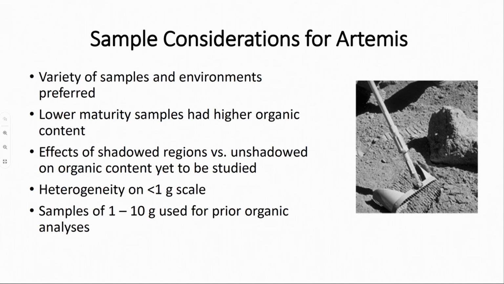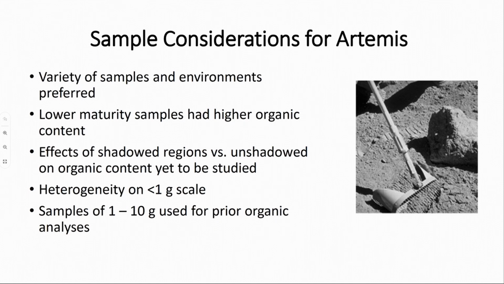As I said earlier, the lower maturity samples previously had higher amino acid abundances, and so that may tell us that we need some subsurface samples, or samples that haven't been exposed to weathering processes as much, in order to really look at the organics.